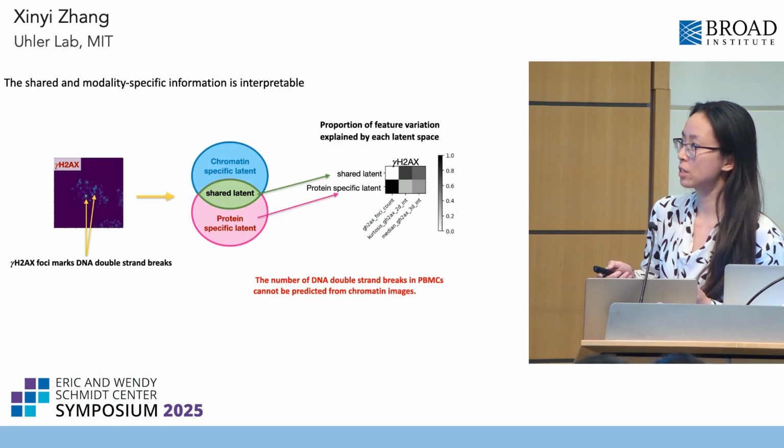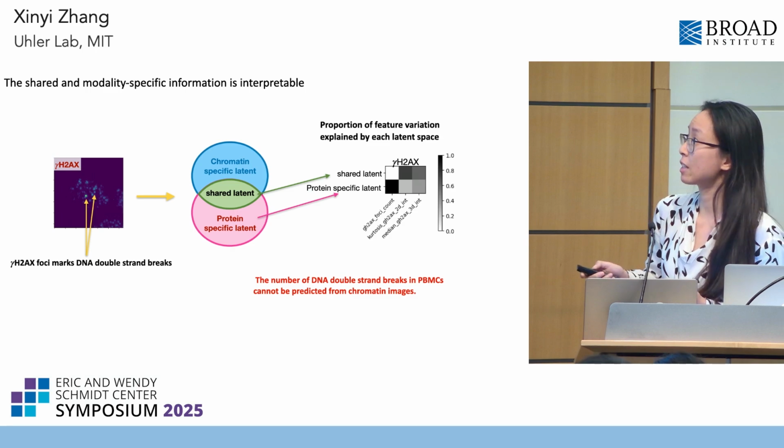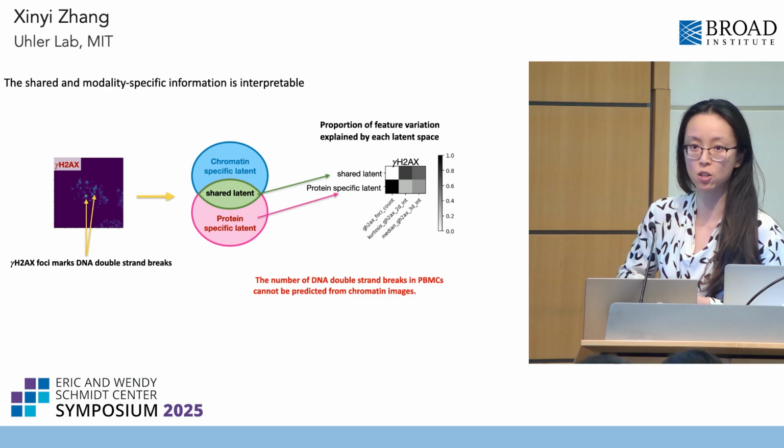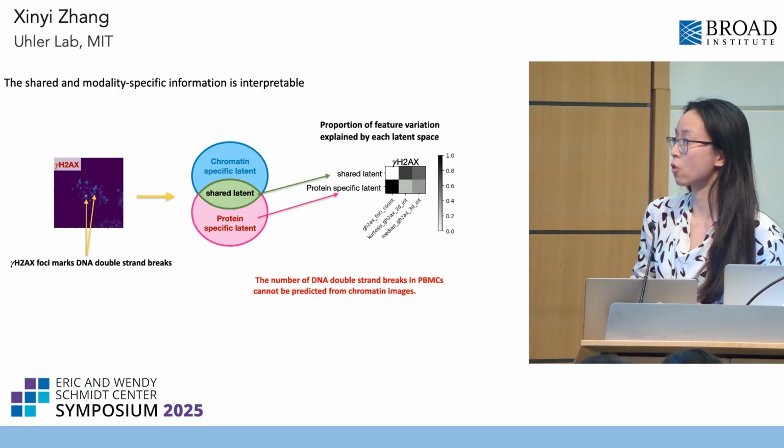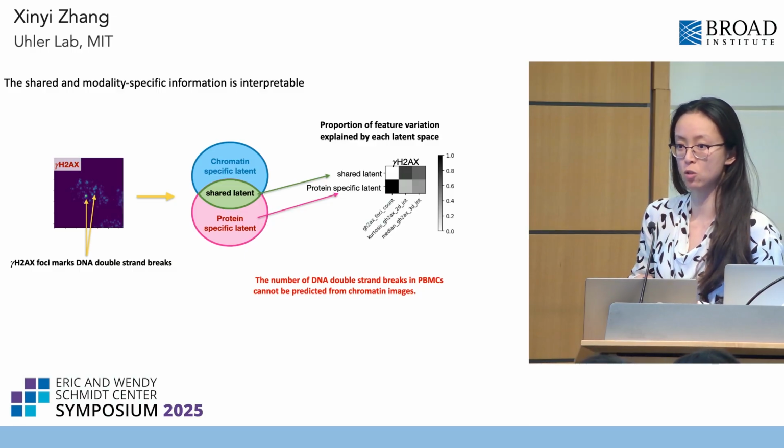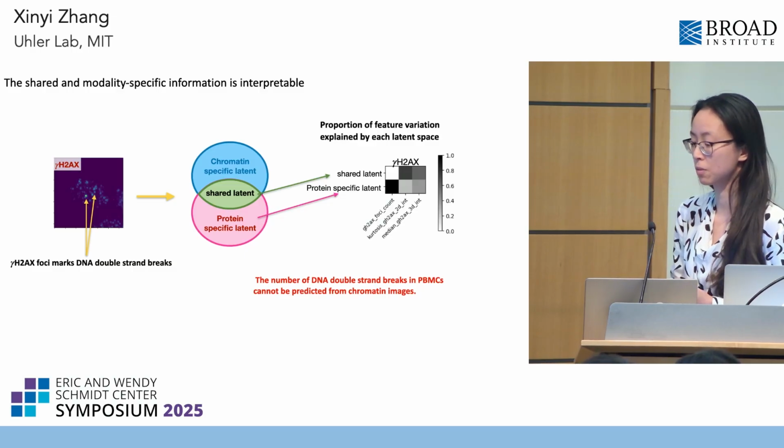Whereas if we want to understand the number of DNA double-stranded breaks, marked by the foci counts of gamma H2AX, that's captured in the protein-specific space, and that has to be experimentally measured and cannot rely on cross-modality prediction from chromatin.